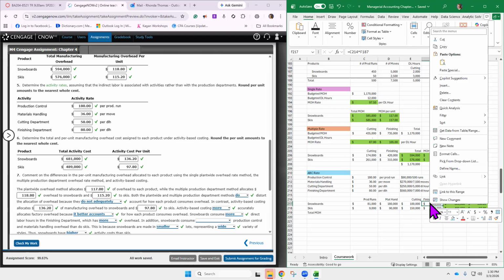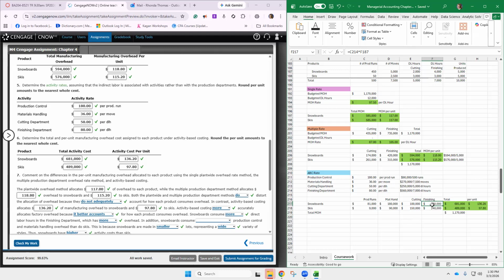So once again, finishing for snowboards turns out to be 4,000 hours times 80, and 3,000 hours times 80 for skis. And once again, let me go back where I was. So this one is 3,000 finishing direct labor hours. Since I messed with my mouse, there it is, 3,000 times 80.